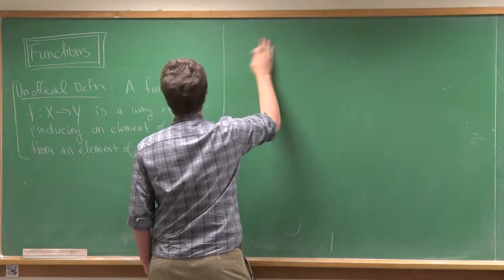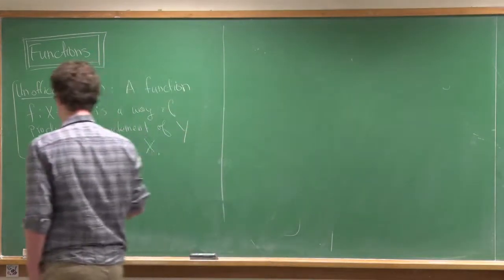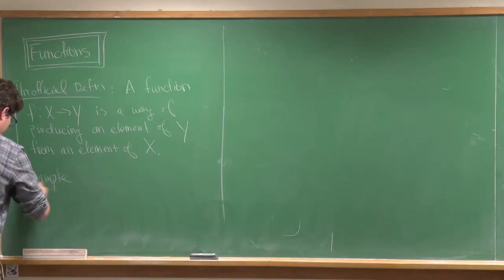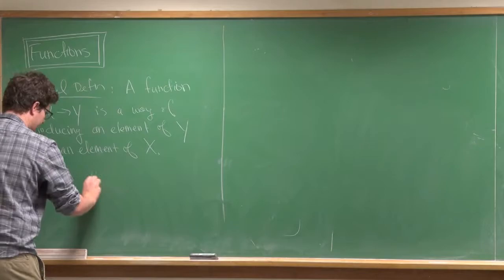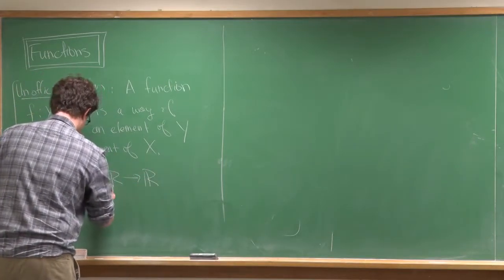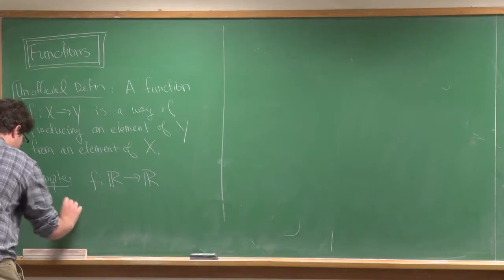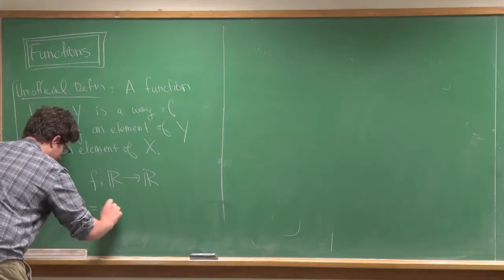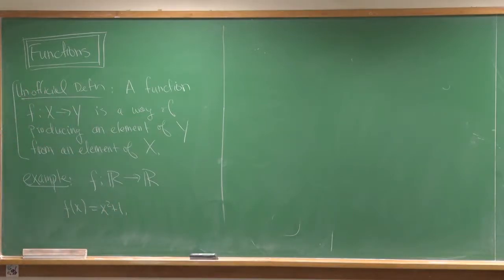Well, okay, let's start with an example though. Let's do an example. Okay, so we could do something like f goes from the real numbers to the real numbers, and f of x is given by x squared plus 1. All right.